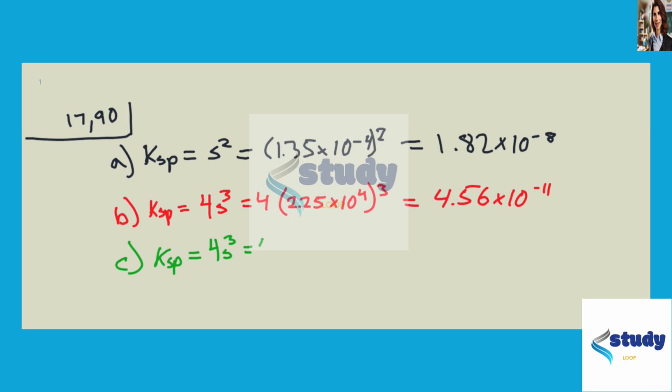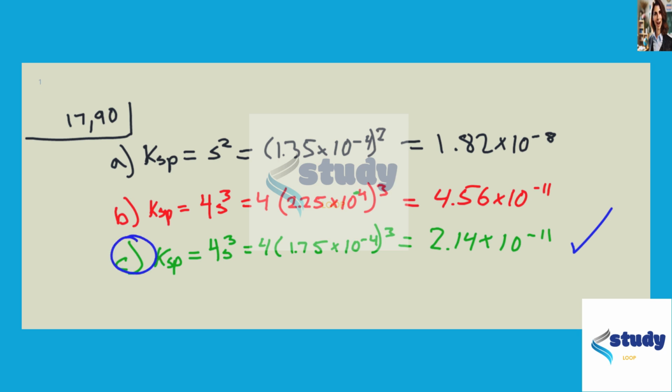And so we can plug in the molar solubility, which is 1.75 times 10 to the minus 4 cubed, and we get a value of 2.14 times 10 to the minus 11. So if we're looking for the smallest, we can check off part C.